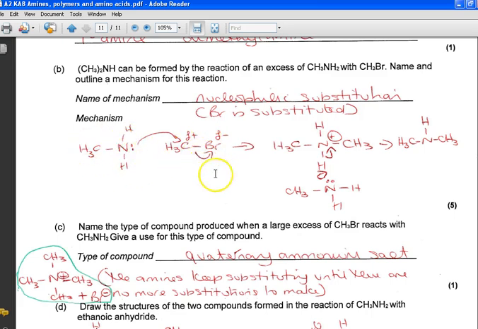So there must be some attraction for this lone pair, and obviously it's this slightly positively charged carbon here, and then the carbon's not going to make 5 bonds, so the bond will break for the bromine. And a lot of you actually got this part of the mechanism, so that's good. You managed to pick up 2 marks there, and some of you did get the name.